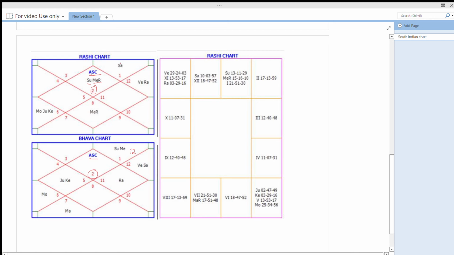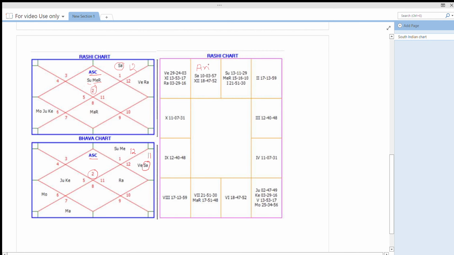In the Bhava Rashi chart, we have a Saturn in 12th house, and that Saturn in the Bhava chart went into the 11th house. Okay, that is the difference between the Rashi chart and Bhava chart. Now, let's go to the South Indian chart. As I said, they are Rashi based.